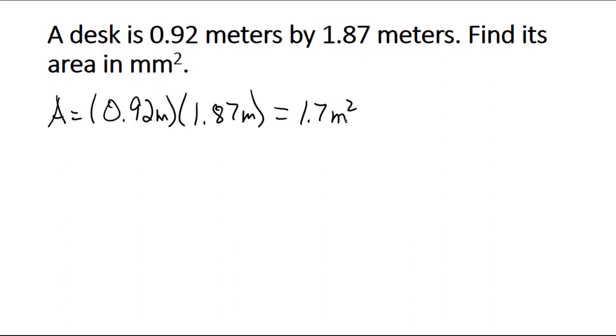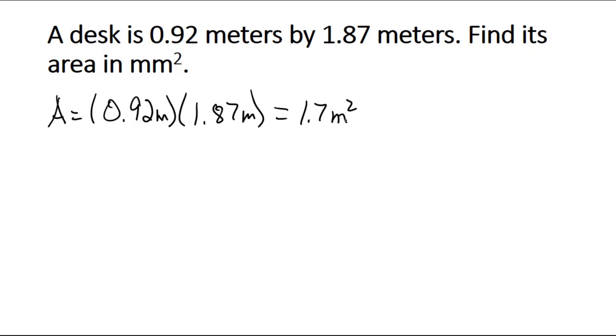Now, the way I'm doing it is to take that 1.7 meters squared and convert it into millimeters. You could also have separately converted the 0.92 meters into millimeters and the 1.87 meters into millimeters and then multiplied those together. I'm doing it this way because I want to show you how you convert a squared unit into a different unit. So now we have the 1.7 meters squared.